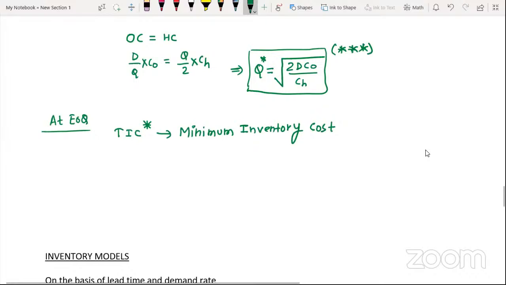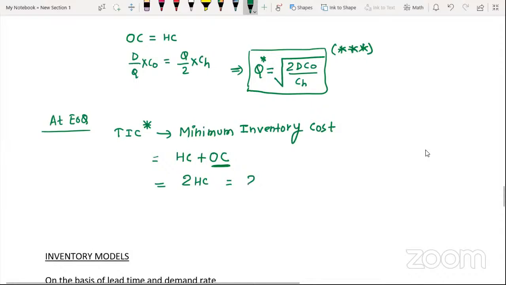So at this TIC star, what have we got? We have got holding cost plus ordering cost. TIC means ordering cost plus holding cost, because both are functions of Q only, and here both become equal. So we can replace the ordering cost with the holding cost, and it becomes twice the holding cost.